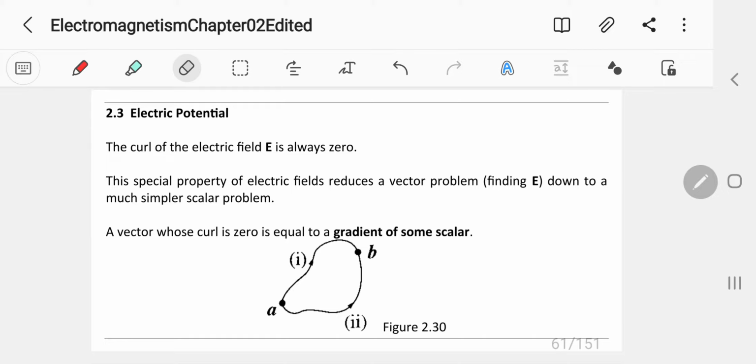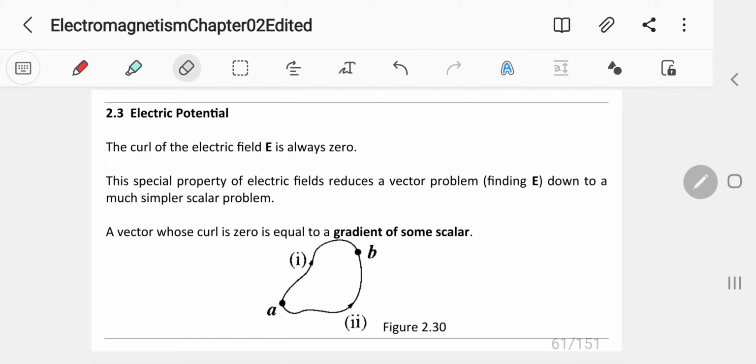So the curl of the electric field is always 0. This is a special property of the electric field which reduces our problem into a scalar problem, because we are engaged with a vector problem, using the electric field, which is a vector quantity, and that makes our calculation a little messy, because we have to deal with the directions inside the integral, especially if we're using a coordinate system other than rectangular.